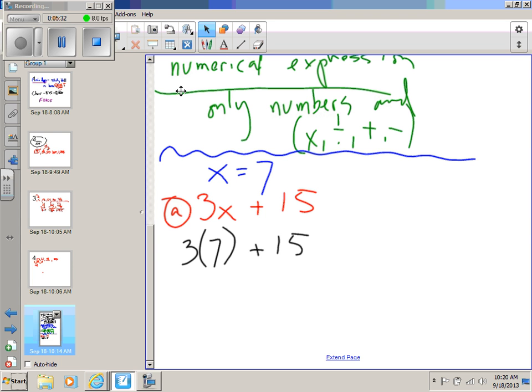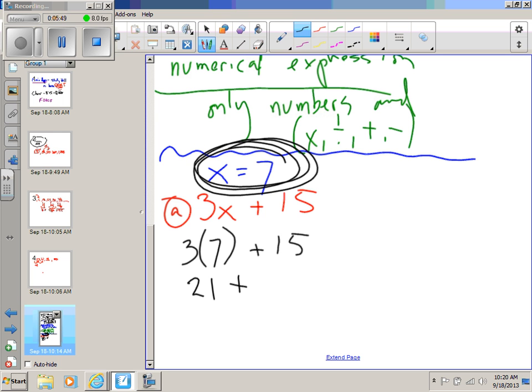So what's going to come first, the 3 times 7 or the plus 15, according to your order of operations? 3 times 7 is 21. 21 plus 15 is 36.